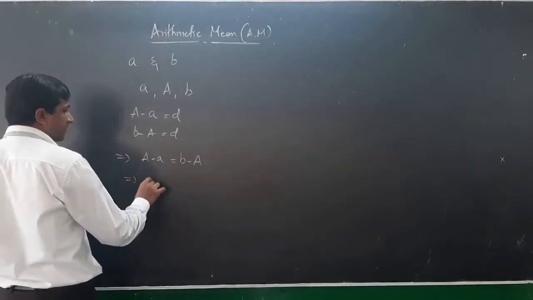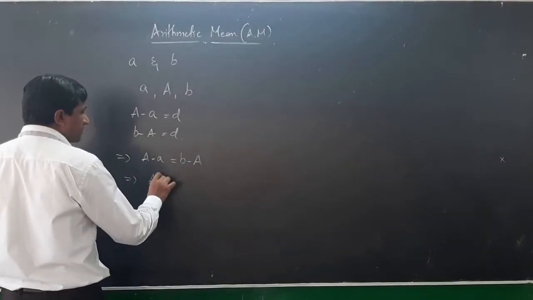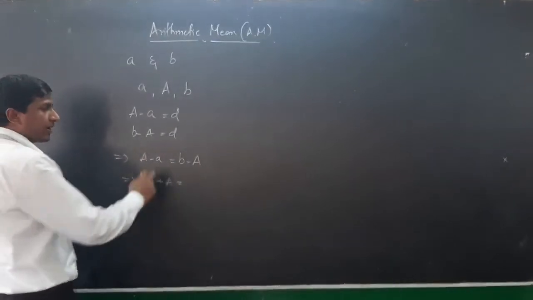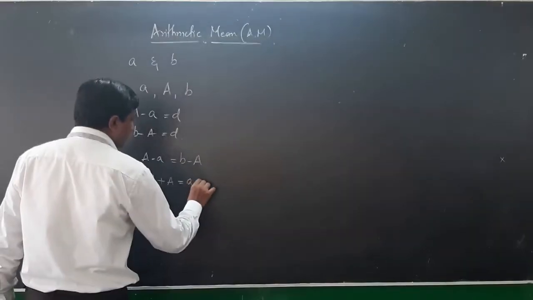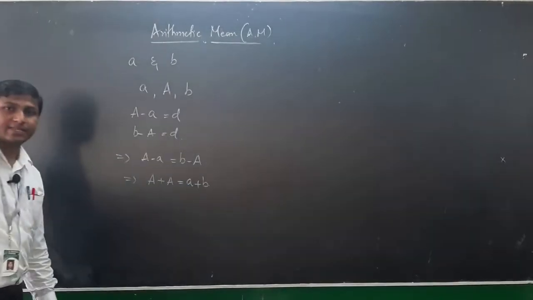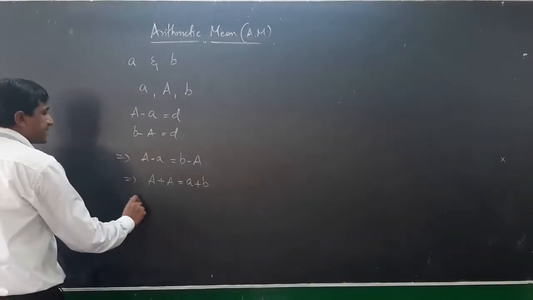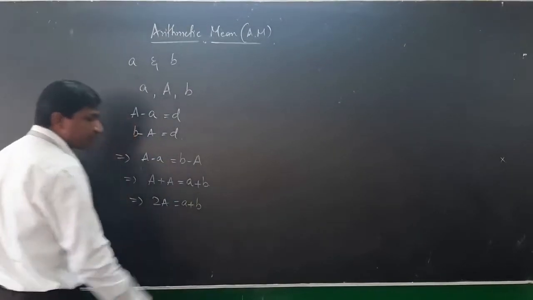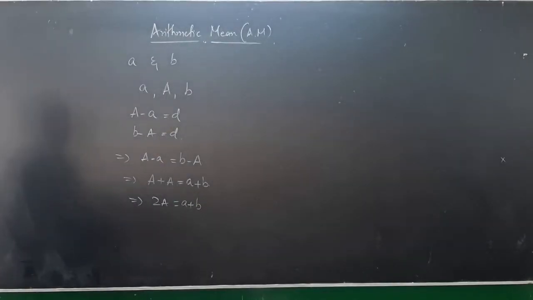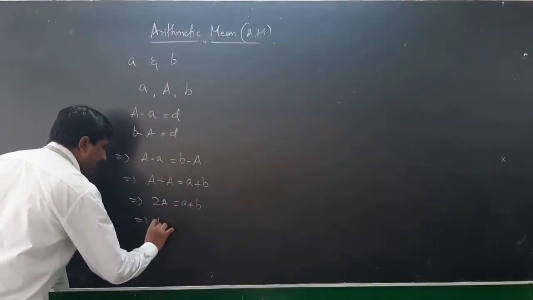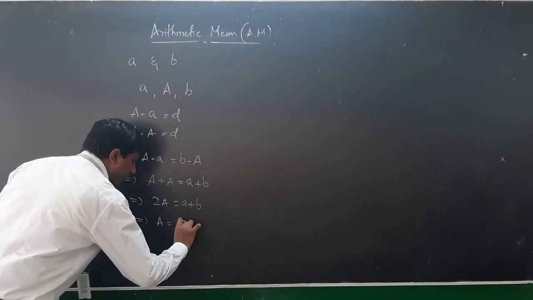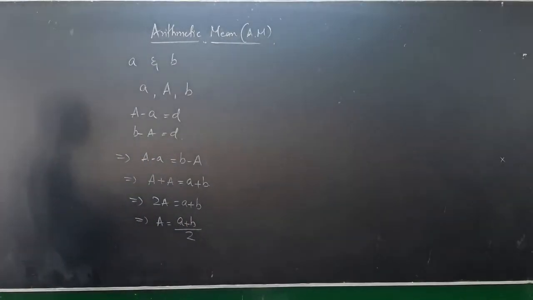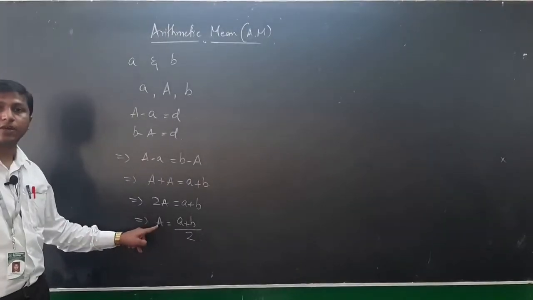So this becomes plus A, equals, I am taking minus small a, that side becomes plus a, plus b. So A plus A is 2A, which is equal to a plus b. So from this, capital A equals (a plus b) by 2. So what is capital A?